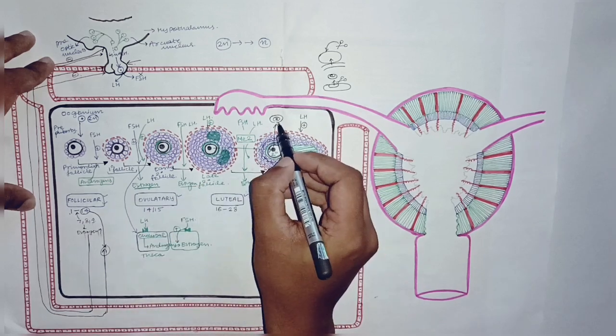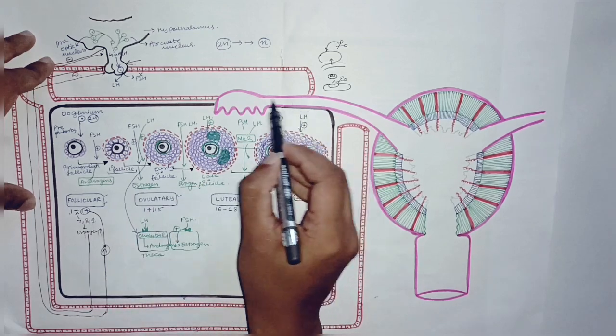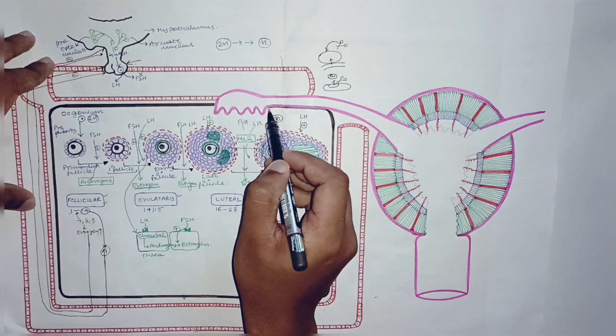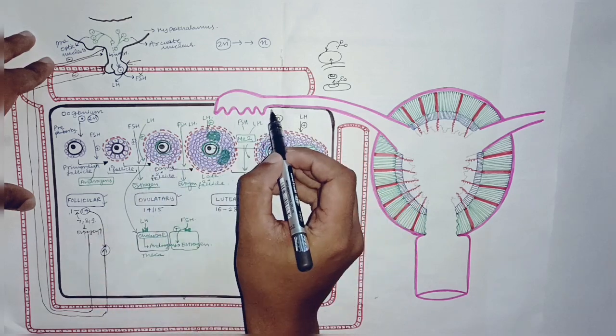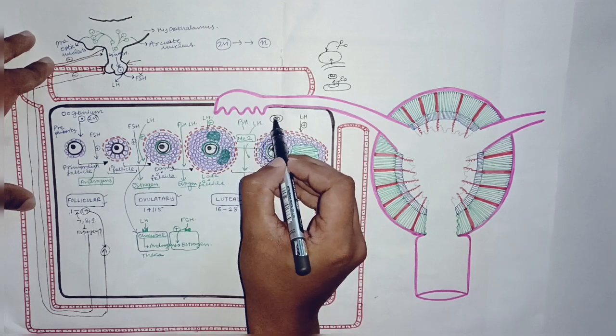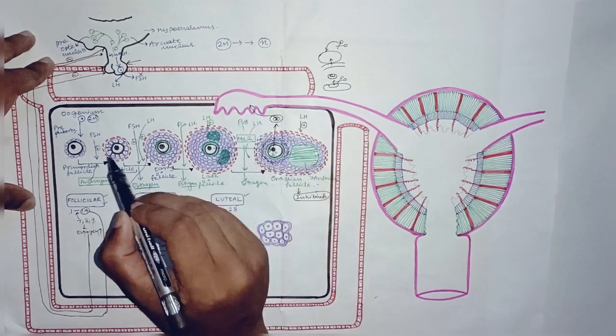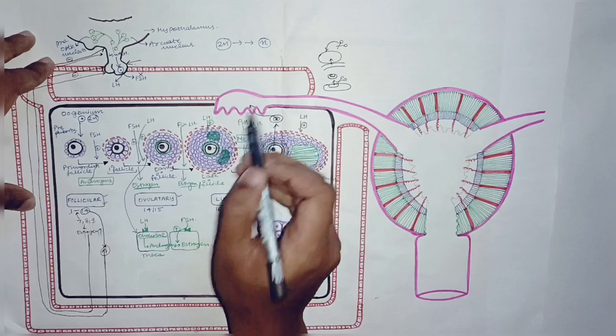Now, can you see this portion? This is your fimbriae, which is scraping over this ovary. So it catches this oocyte inside this ampulla region.